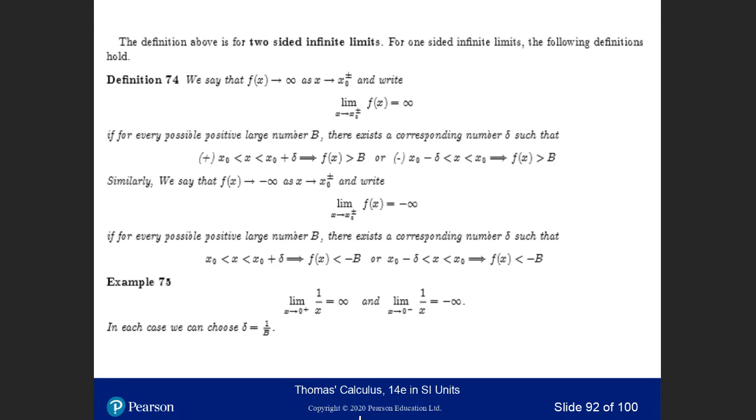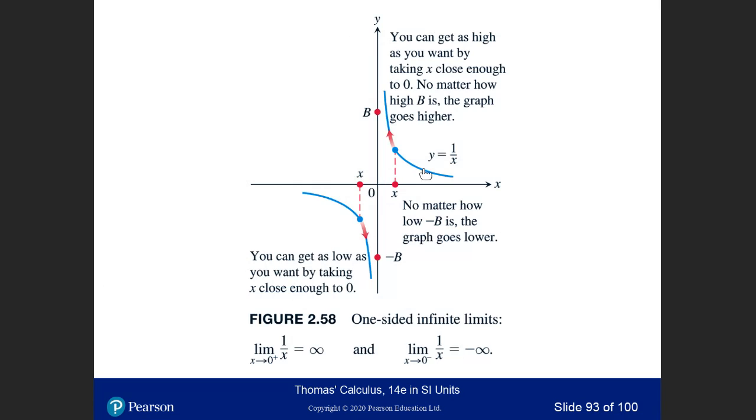Okay, so here is a pictorial representation. As x goes to 0 from the right-hand side, the function goes to plus infinity because 1 over x is a positive number and it grows very fast. However, I can find an interval on the right of 0 so that for all x in this interval, this is greater than the number you give me.